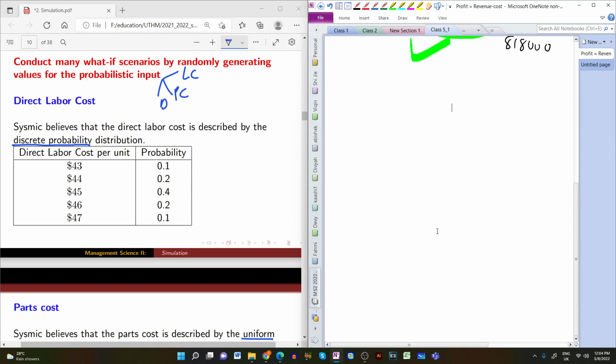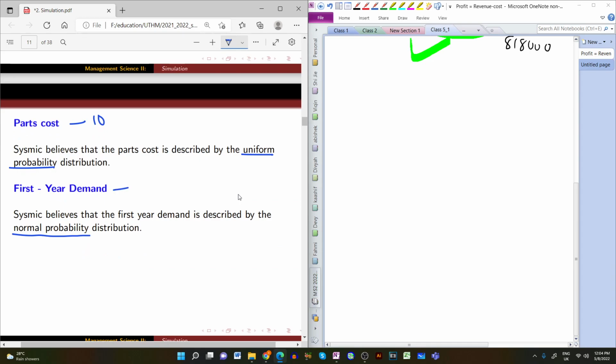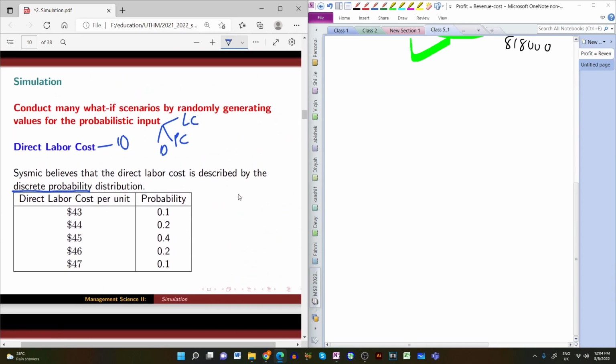For me to compute 10 times, I need 10 labor costs, 10 part cost, 10 data of demand. So all this, we cannot simply pick the number. We have to go by some randomness must be there.